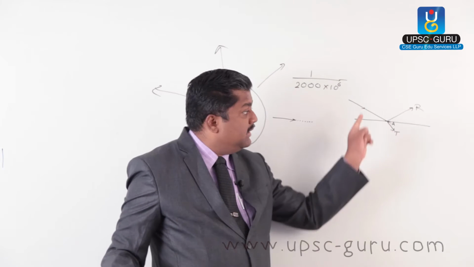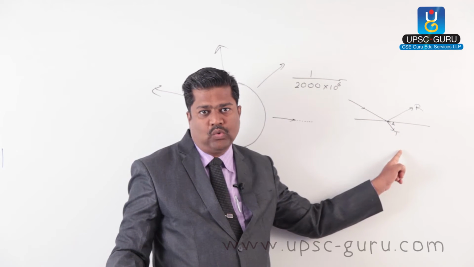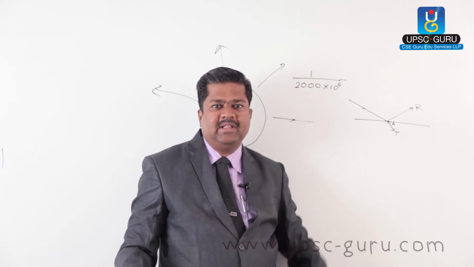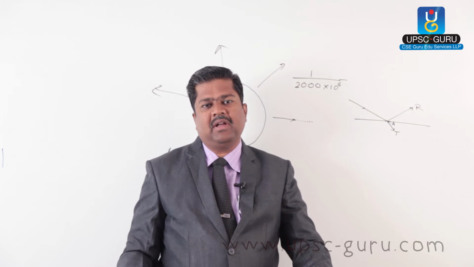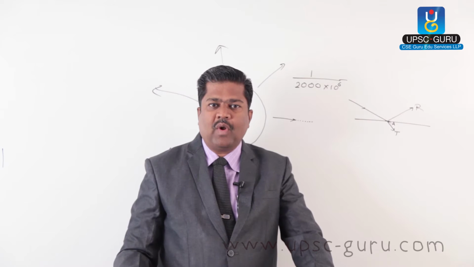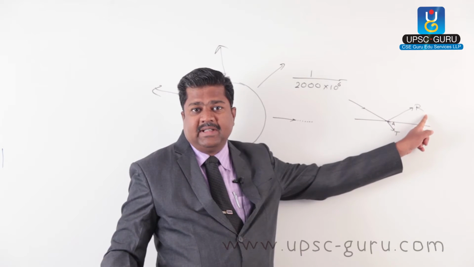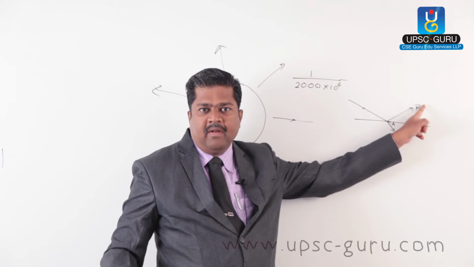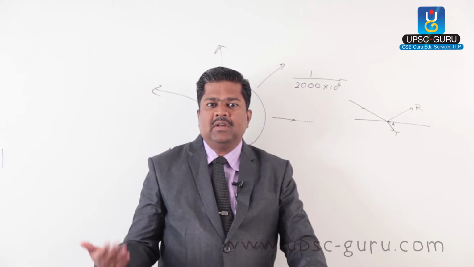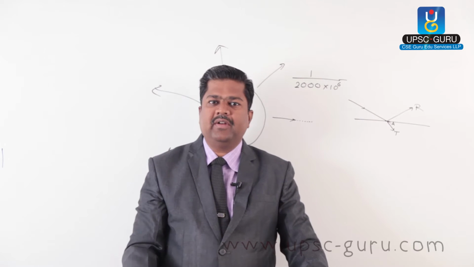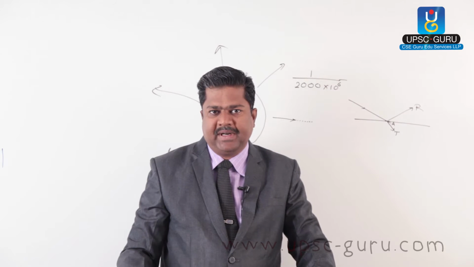That means if these units are 100, then all 100 units are not passing through glass. Part of that light is reflected. Even on buildings you must have seen that glass windows reflect sunlight. But it is not 100% that is reflected. Part is reflected, part is transmitted, and that's why through glass we can see whatever is on the opposite side. That is what we call transparency of glass.